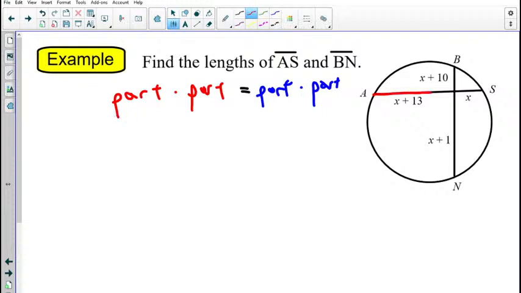So let me put this segment in red, and let me put this chord in blue. We've got part times part in the red. My smaller piece here is x. And then my other piece is x plus 13.